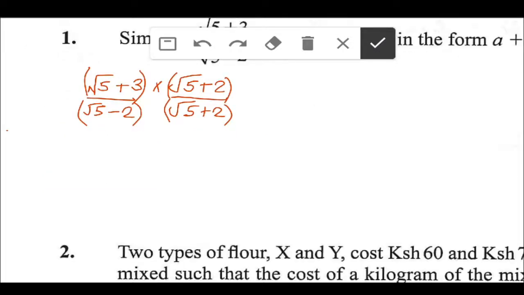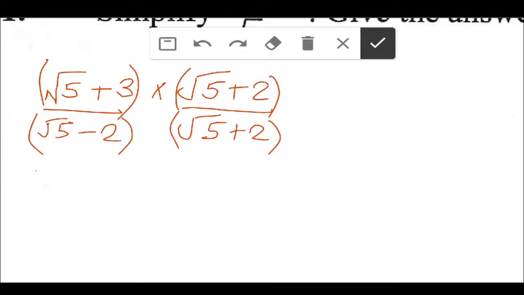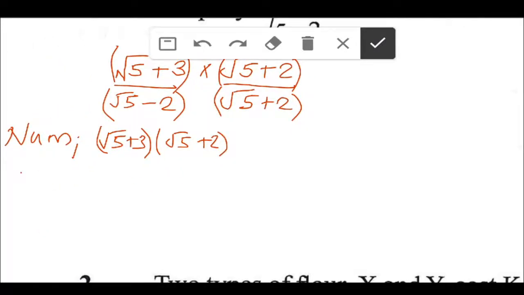Now let's start with the numerator. The numerator is root 5 plus 3 into root 5 plus 2. What this requires us to do is to open the brackets.